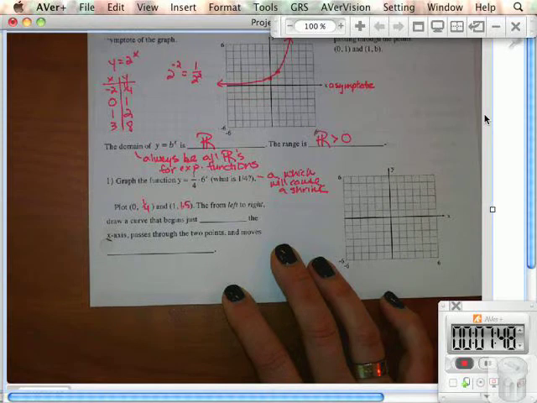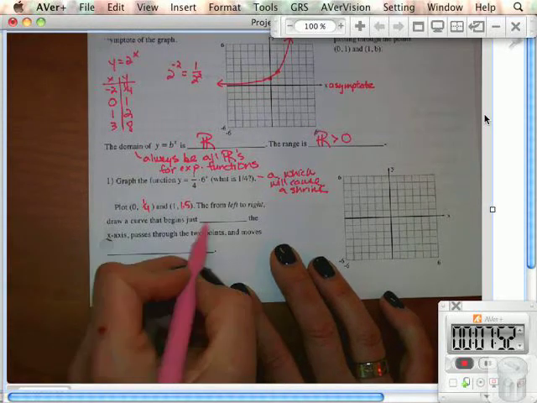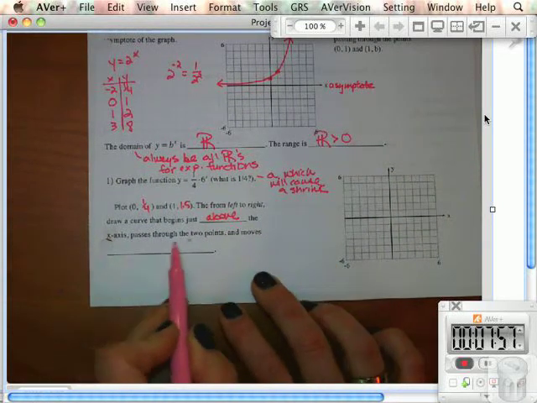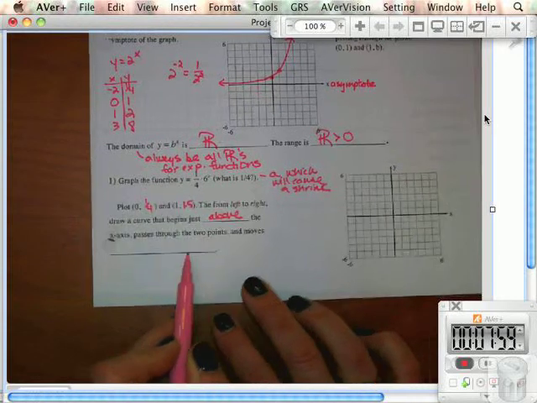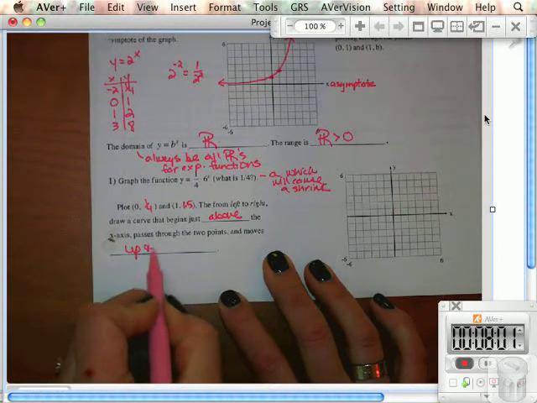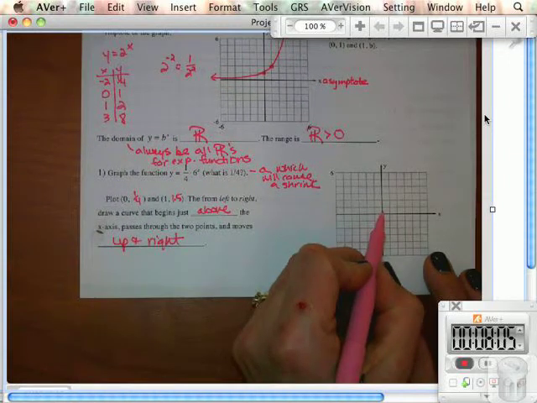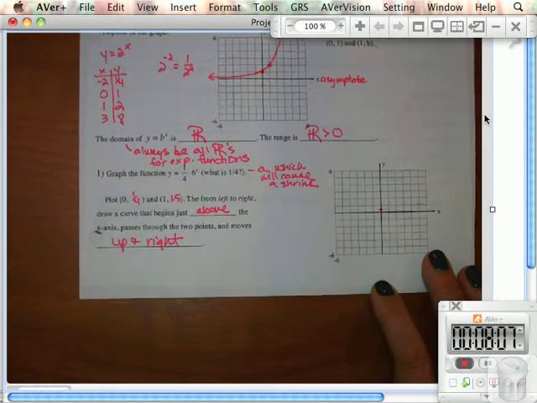Then from left to right, draw a curve that begins just above the x-axis, passes through the 2 points, and moves up and right. So let's plot these 2 points. 0, 1/4, you just kind of guesstimate where that would be, about 1/4 up the y-axis there.